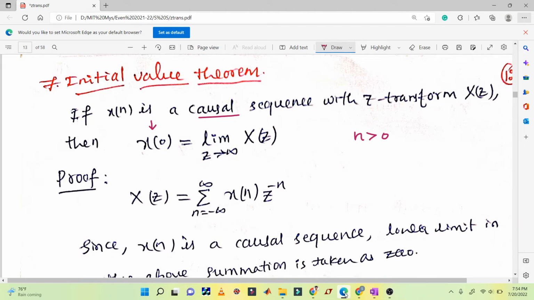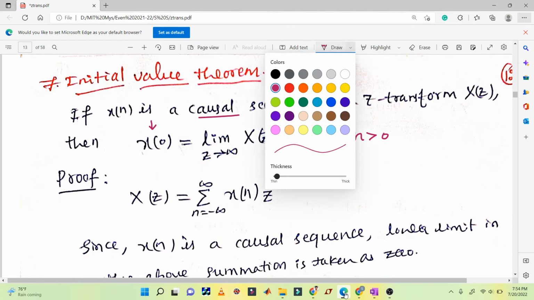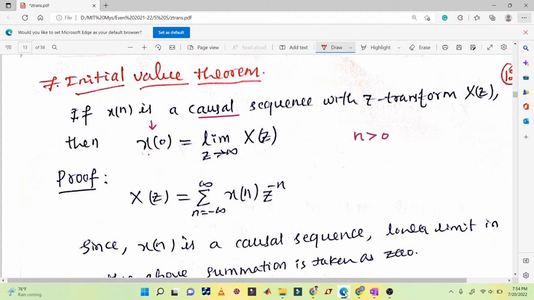To find out that initial value of the given signal, we have this property: for a given sequence, the initial value x of 0 is nothing but limit z tends to infinity x of z.